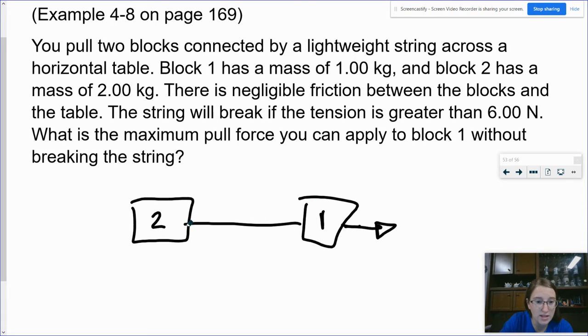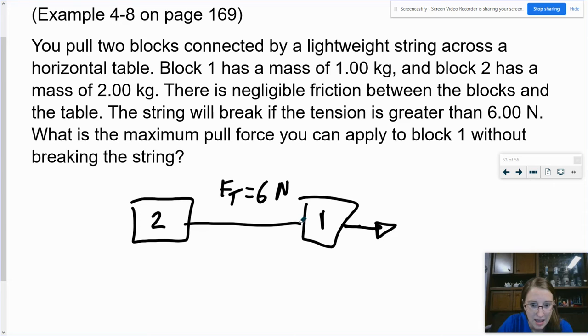So we know to start with that this force right here, the force tension, is going to be 6 newtons. We need to pull with enough force on this end to get both of these blocks moving, but to not break the string.